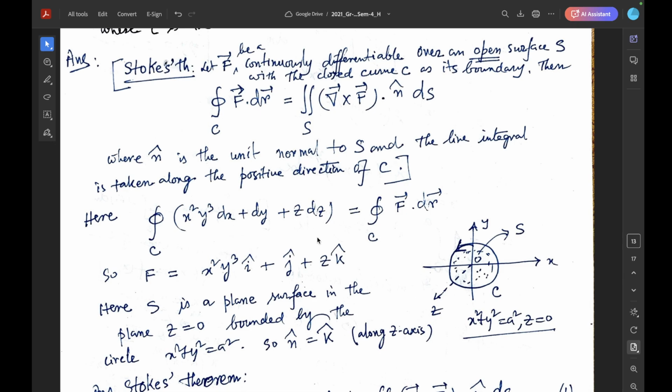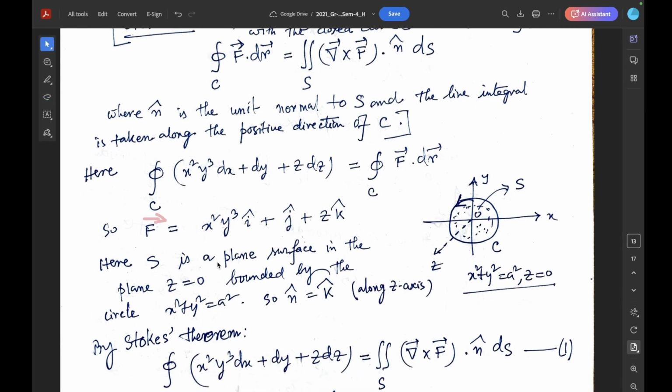Hence this integration equal to closed integration over C of f vector dot dr vector. Now f vector is given by this. Hence S is a plane surface in the plane z equal to 0, the xy plane, bounded by the circle x square plus y square equal to a square.